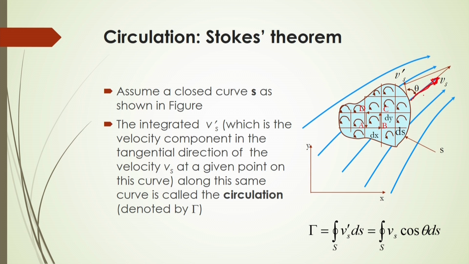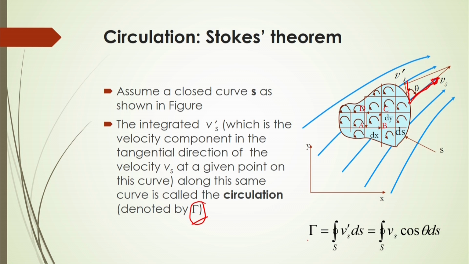This velocity is V s, its tangential component will be V s dash at a given point on the curve. The integral of V s dash along this same curve is called the circulation. This circulation is represented by gamma.